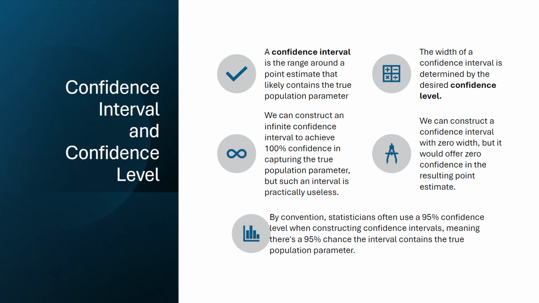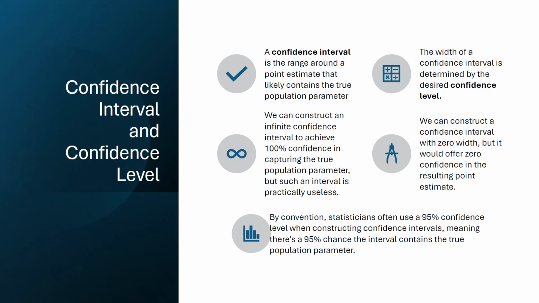So statisticians have come up with something in between this zero confidence level and 100% confidence level by accepting a convention of 95% confidence level when constructing the confidence intervals, so that the interval around the point estimate captures the true population parameter with a 95% chance.